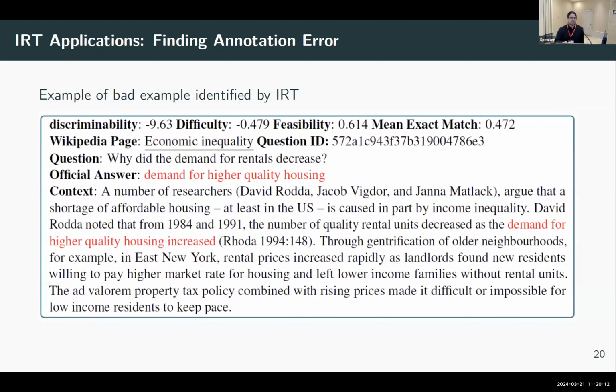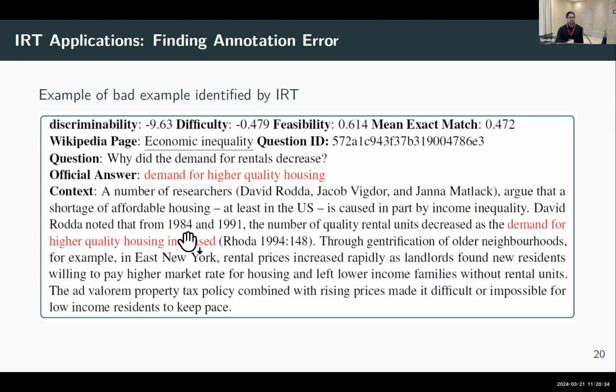So an example of the kind of questions that we were able to easily find is this example in SQuAD that asks, why did the demand for rentals decrease? And the official answer in the data set is demand for higher quality housing. But if you look at the text, the number of high quality rentals decreases, demand for high quality housing increased.